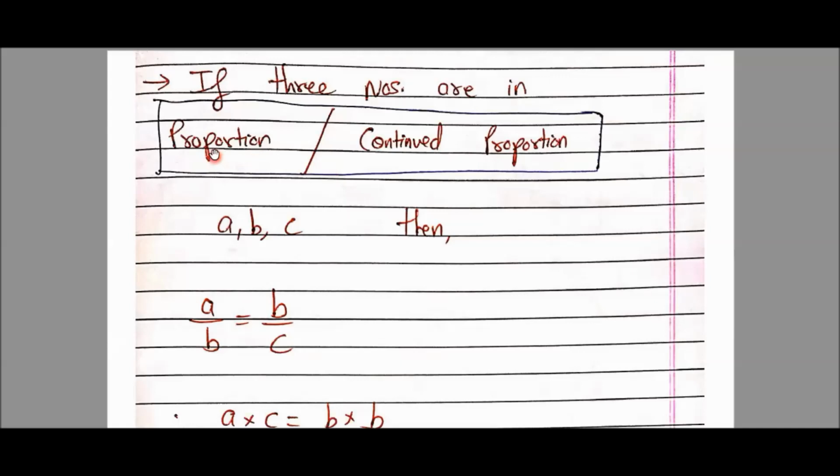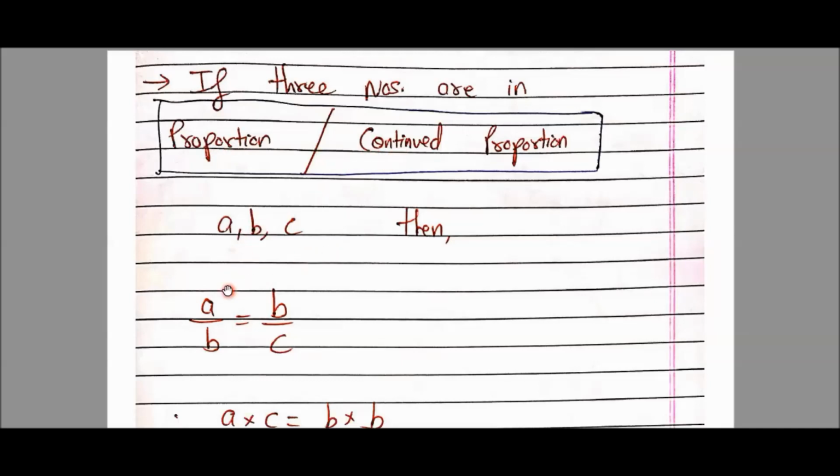If at all the sum of 3 numbers is given and it says only proportion or continued proportion, it makes no difference. Whenever three numbers are given, then by default they are in continued proportion. Understand, this is very important. Three numbers में by default they are in continued proportion. Proportion बोले या continued बोले, they are always in continued proportion.